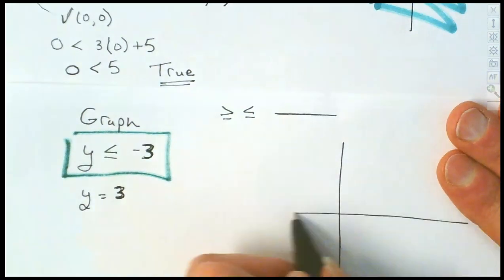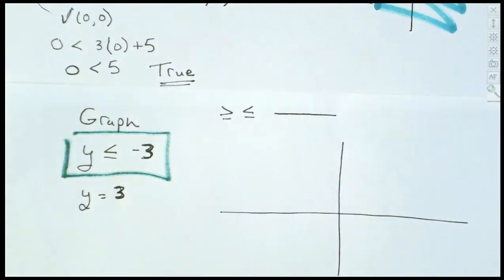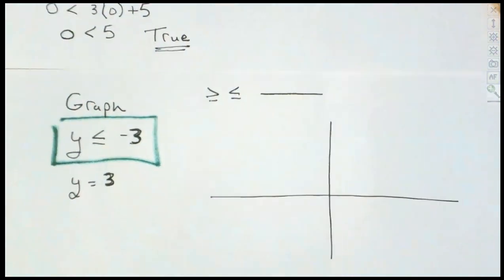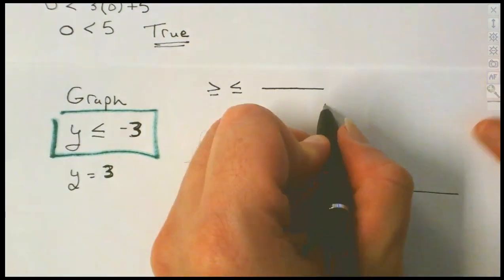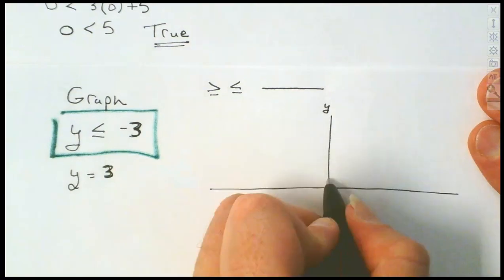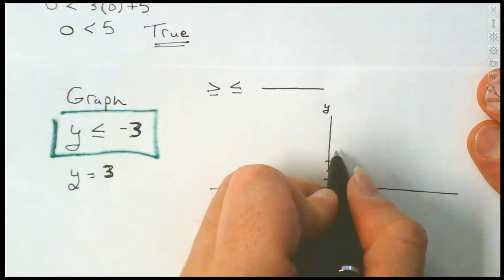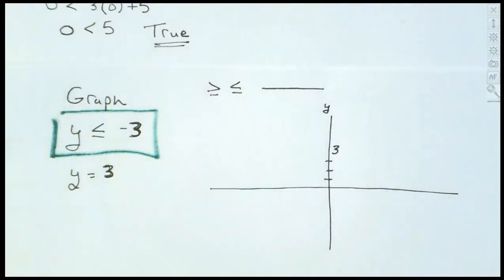Now let's take a moment to remember how we graph the line y equals 3. If we're looking at the line y equals 3, it's not diagonal, right? All it is is a horizontal line. So here's your y-axis. We find 3. It's going to be a horizontal line through (0, 3).